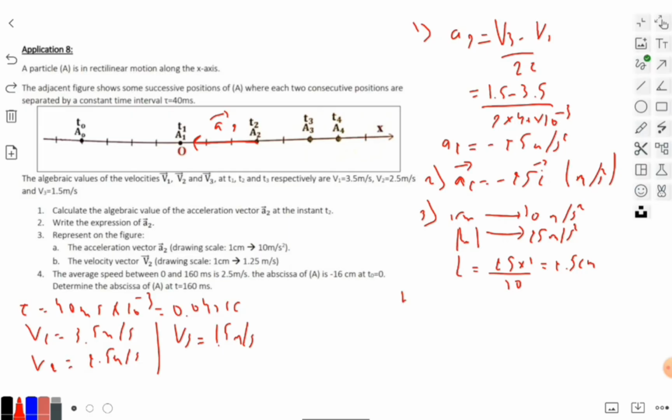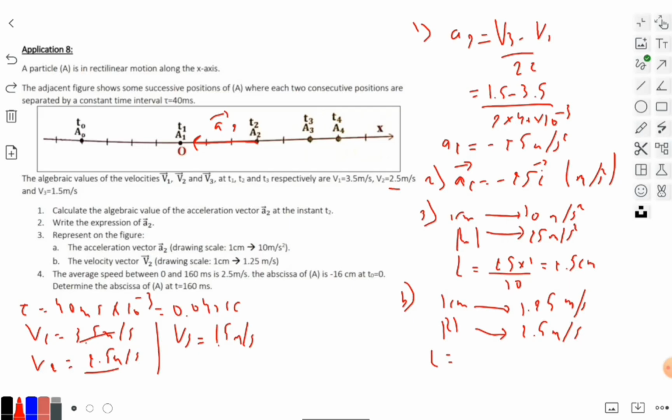Part B. The velocity vector v2, drawing scale: 1 centimeter corresponds to 1.25 meters per second. The velocity v2 is equal to 2.5 meters per second, and we must calculate the length of this velocity.